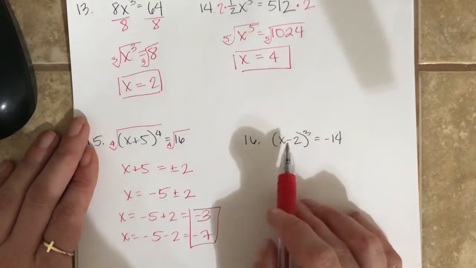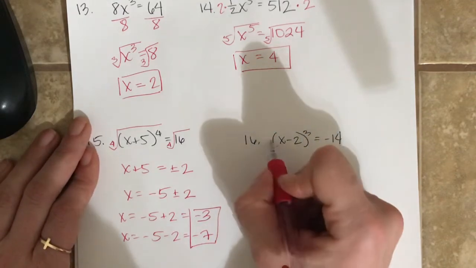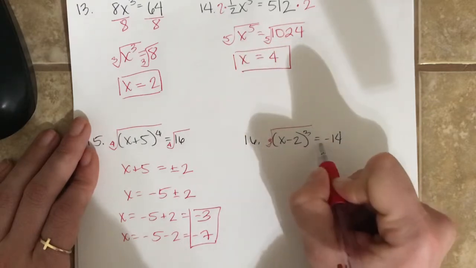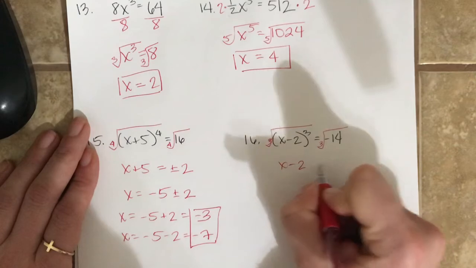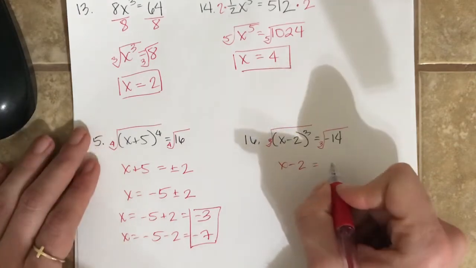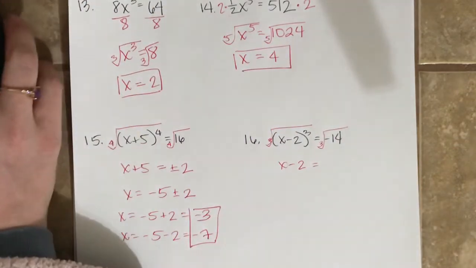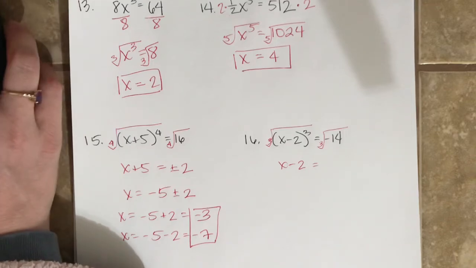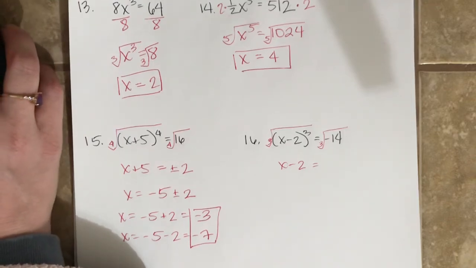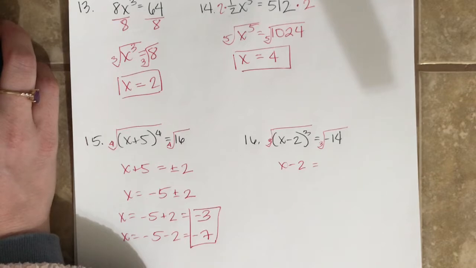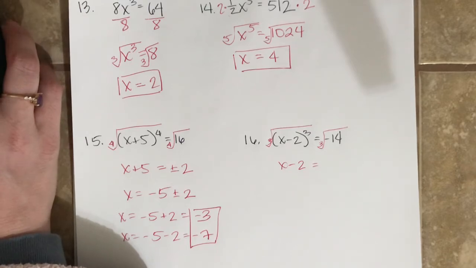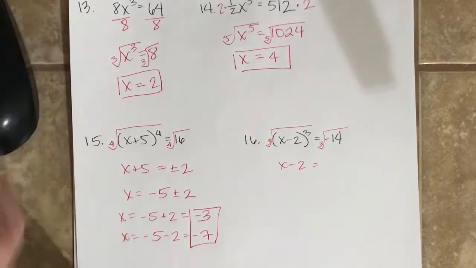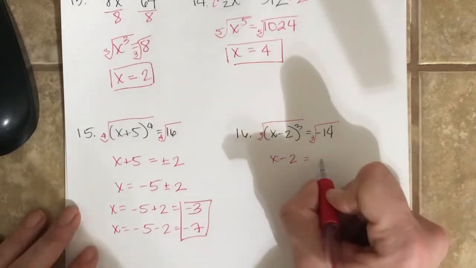And then over here, on 16, we want to take the cube root of both sides. So we have x minus 2 equals, so the cube root of -14, I'm going to come over to my calculator for that because -14 is not a perfect cube. So I need to do the cube root of -14, which is about -2.41.